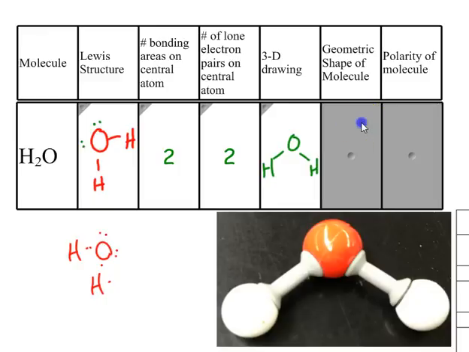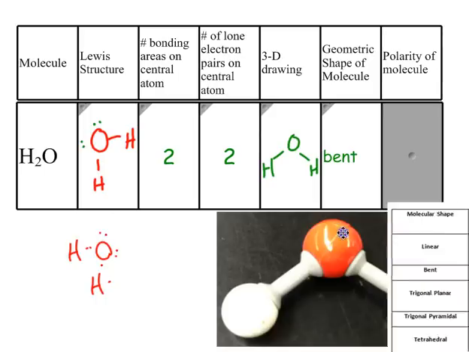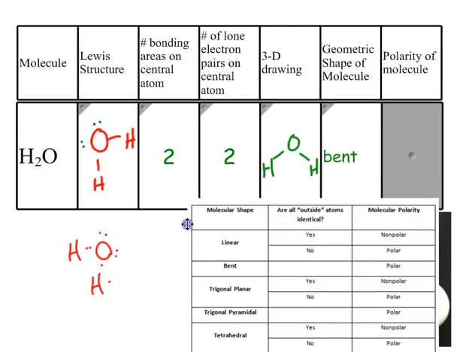The geometric shape of this molecule, based on the 5 that we learned in the previous lecture, is that this is a bent molecule. If we bring out our chart, if it's a bent molecule, regardless of whether the outside atoms are identical or not, the molecule will always end up being polar because of the bent structure. The bent structure implicitly creates a polar, asymmetrical distribution of electrons.